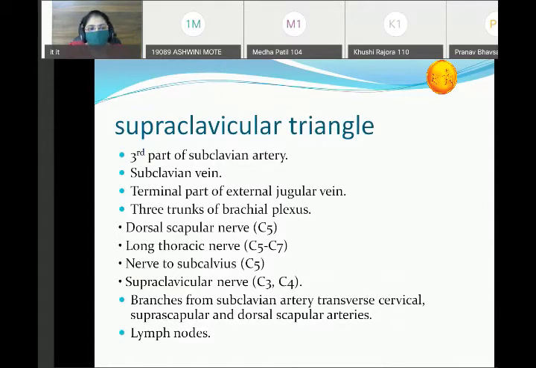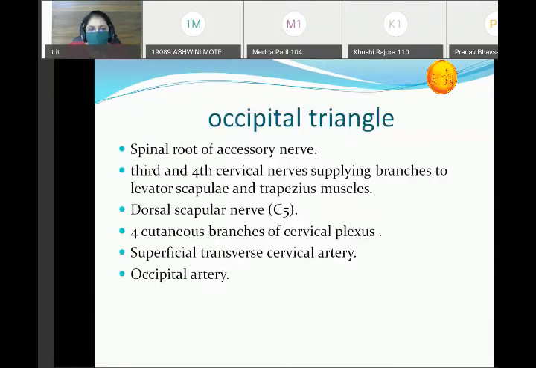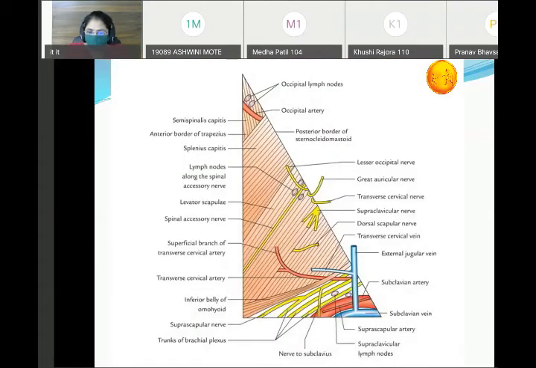Supraclavicular triangle mainly contains the third part of the subclavian artery. So we have seen this. This is the subclavian artery, forming one of the main contents of the triangle. Then the subclavian vein, and the nerve plexus. So what is this nerve plexus?